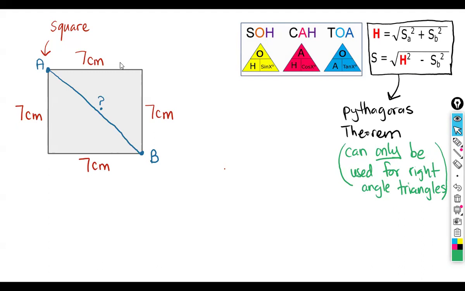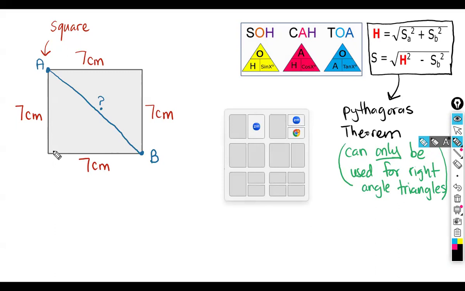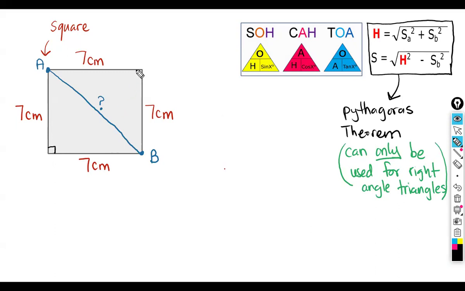Now, if you look at this diagram, we all know all corners of a square are 90 degrees. So if I just put in the letter C here, A, B, C is definitely a right angle triangle, because a right angle triangle means it has a 90 degree angle in it.